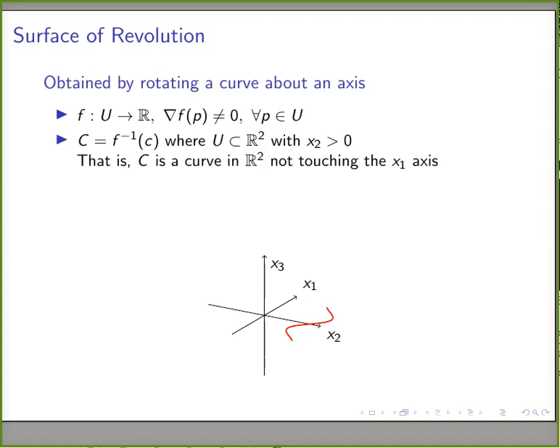And we are defining C as the level set f inverse of C. So we have a curve. And what we are going to do is, from this curve in Rn, construct an n surface in Rn plus 1.